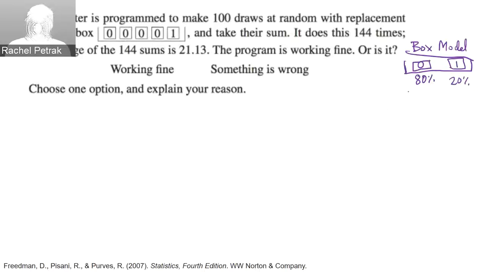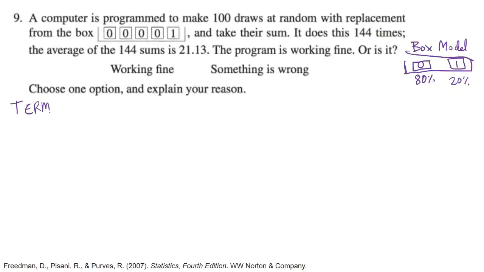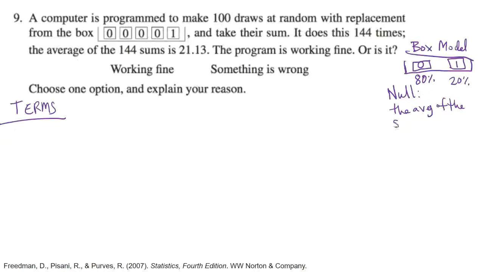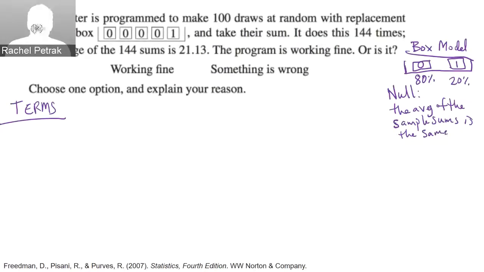So based on our model, we can construct our null, which would say that the average of the sums, we call these the sample sums, is the same as expected.